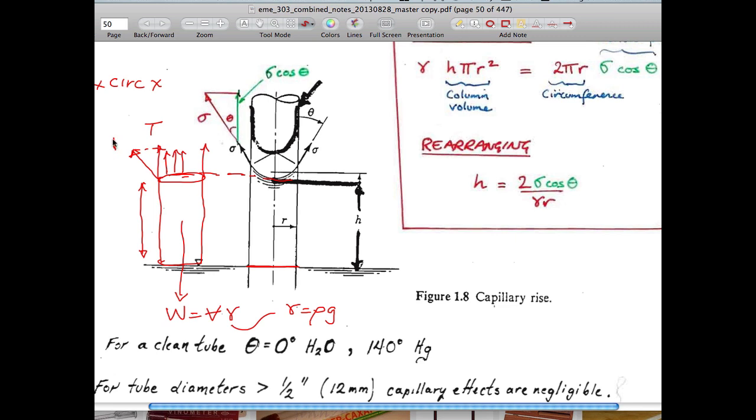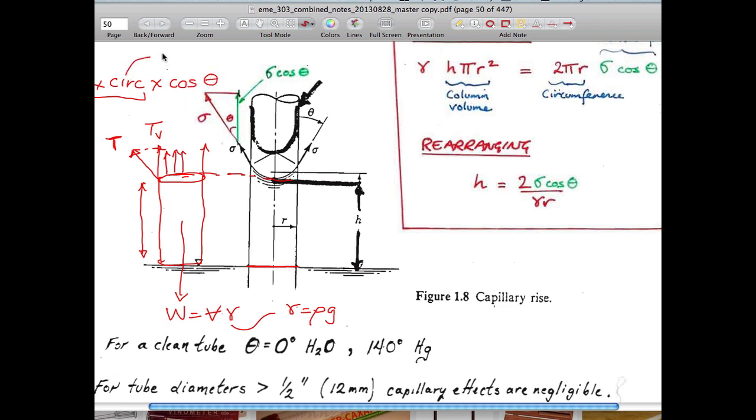So typically if there's a contact angle like this, theta in this particular case, the magnitude of this will be T, which will be the interfacial tension times the circumference in this direction. But to get the resolved component in the vertical direction, we need to multiply by, in this particular case, cosine theta.